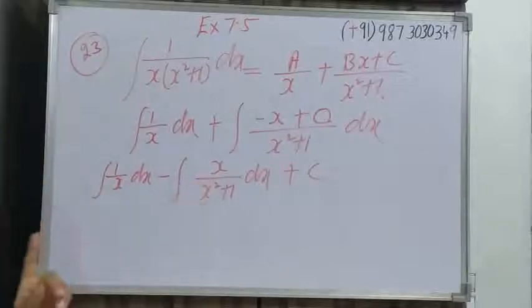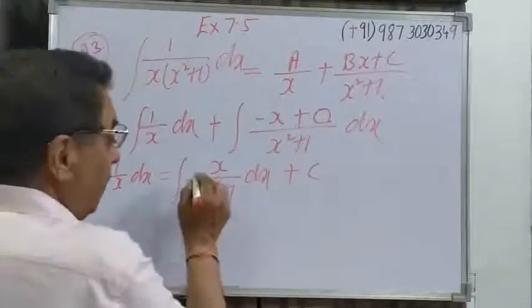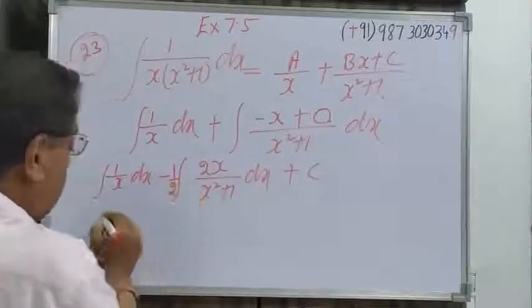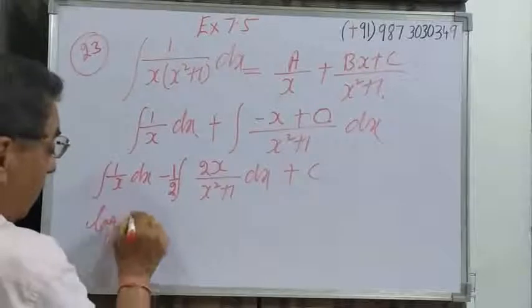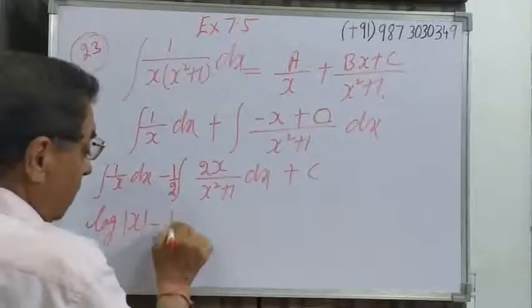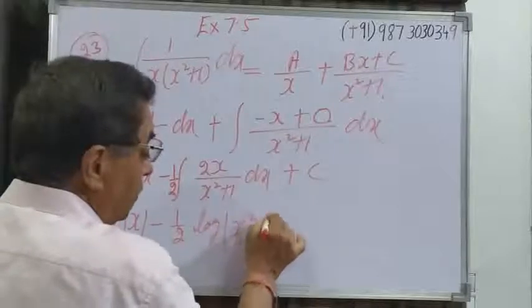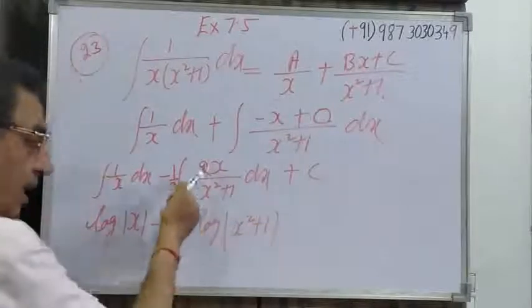Here by substitution we know this is a function and its derivative. So simply multiply by 2 and divide by 2. So now the integration would be log x minus half log of x square plus 1. Why? Because this is a function and its derivative.